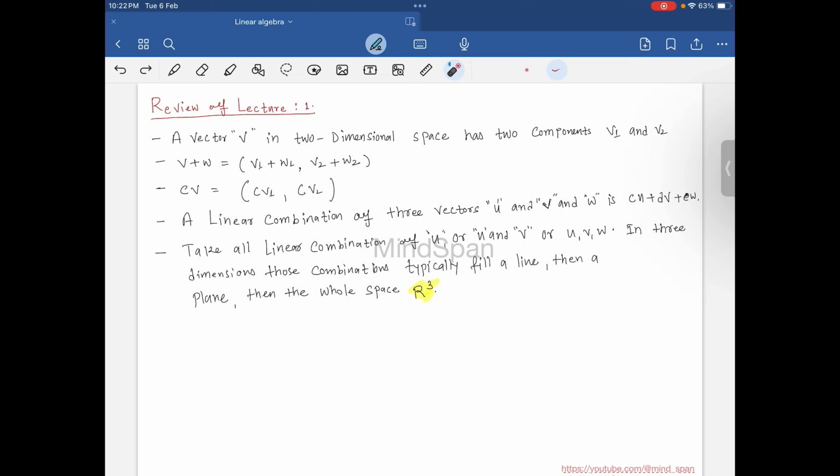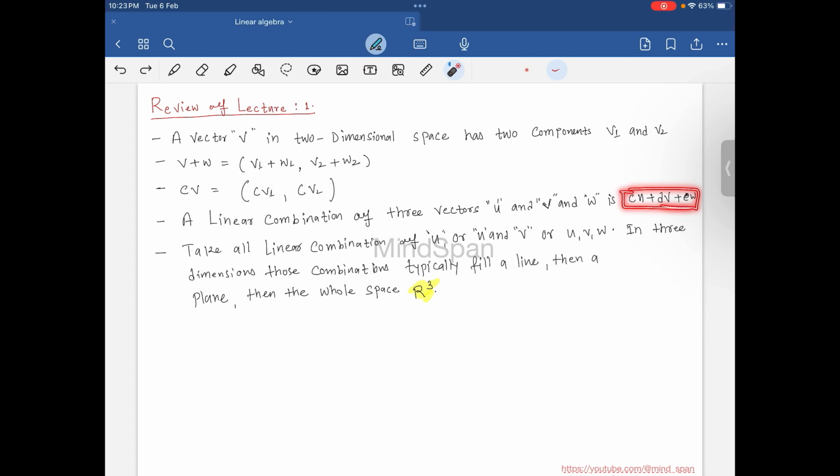And we looked at the linear combination of vectors, right? We started with two vectors from the two-dimensional space, and we looked at their linear combination. So for a linear combination of three vectors, u, v and w, what will be the linear combination?